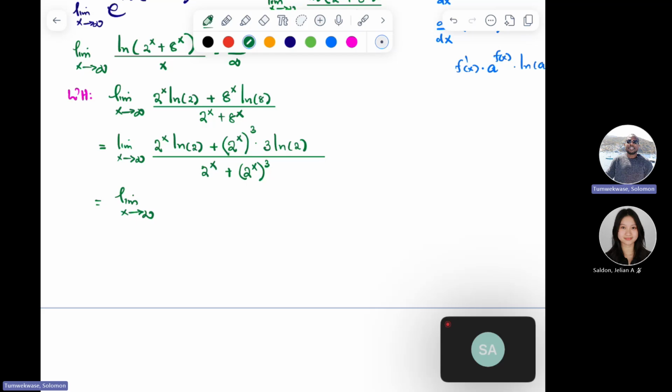And in the numerator, what I can see is that I have 2 to the x, natural log of 2 is common everywhere. And when I pull out that, I'll remain with 1 plus 3 times 2 to the x squared. Hope you can see that. So 1, 2 to the x came out, so that's why it becomes squared. The natural log of 2 came out too.